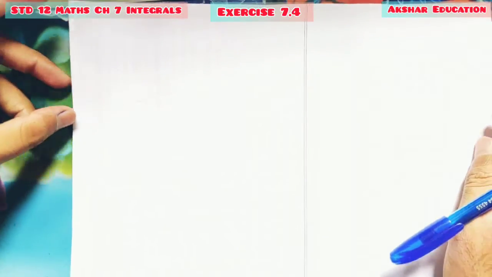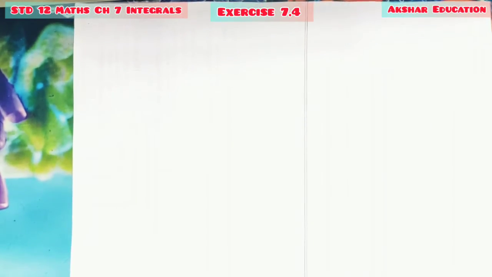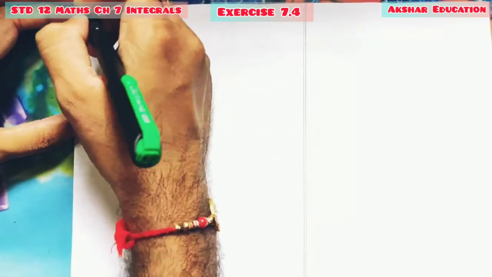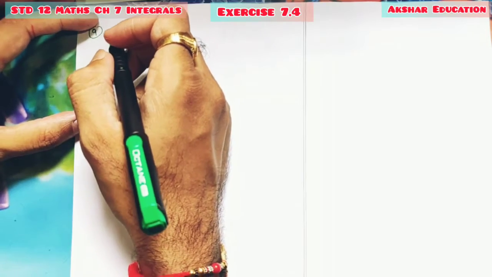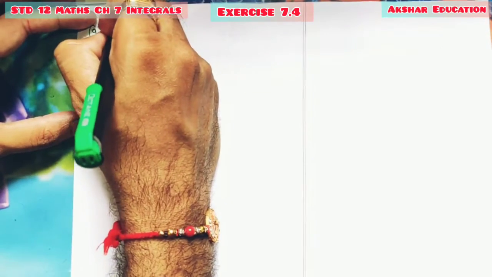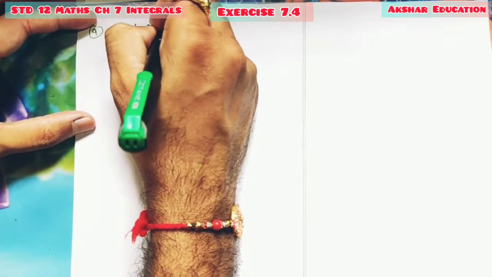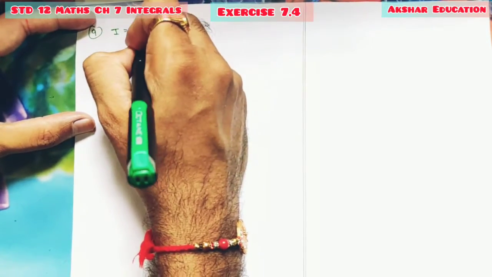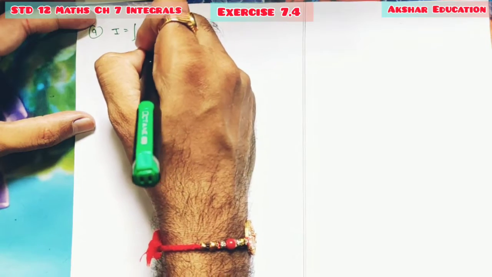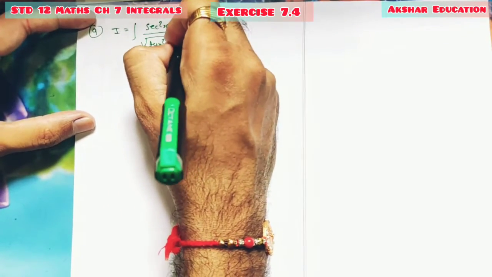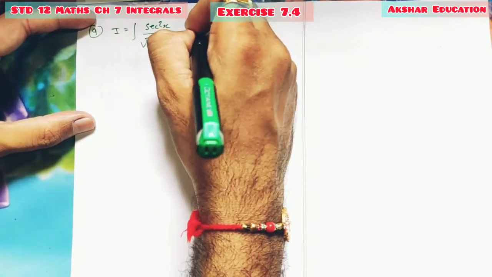Ninth sum. Question is yet to be written. So in the ninth sum we are given integration I equal to sec square x upon square root of tan square x plus 4 dx.